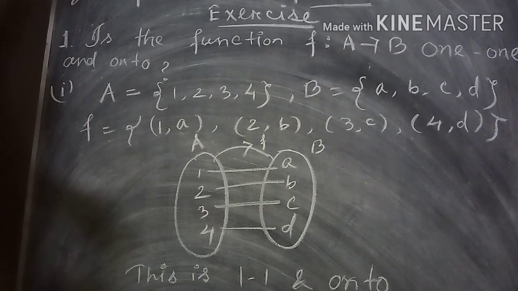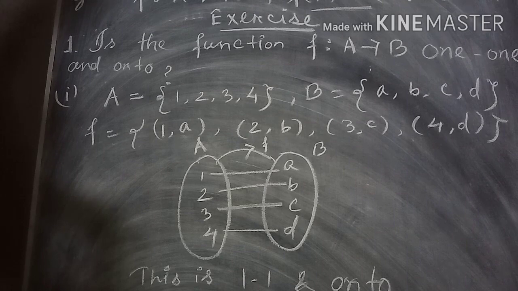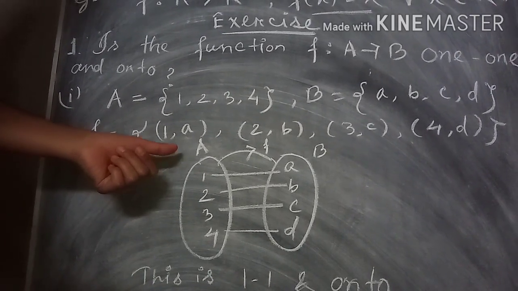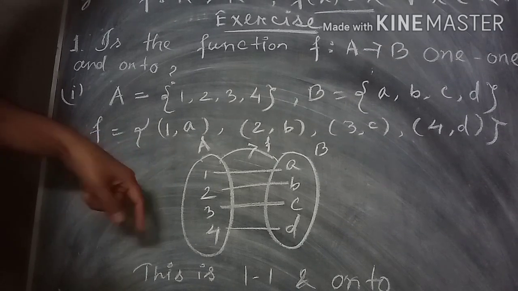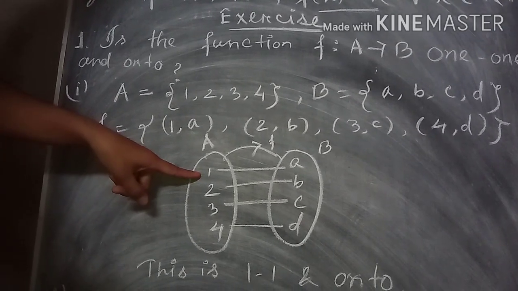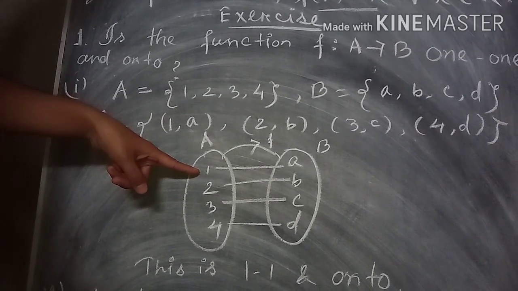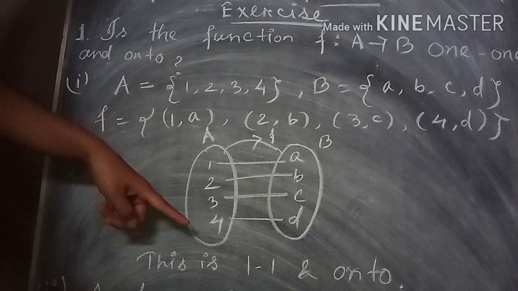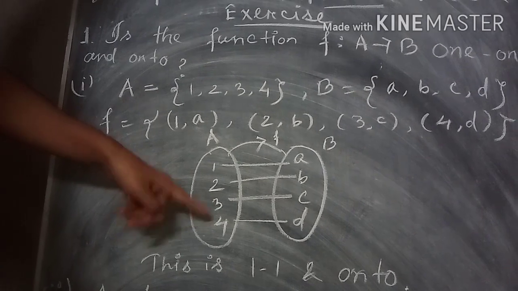Now, according to the definition of 1-1 function, each and every element of the first set should have distinct images in the second set. So here it follows: 1 has the image a, similarly 2 has image b, 3 has image c, and 4 has image d.